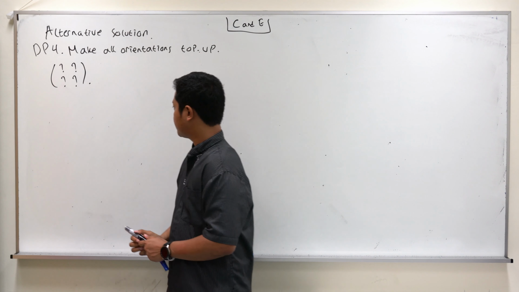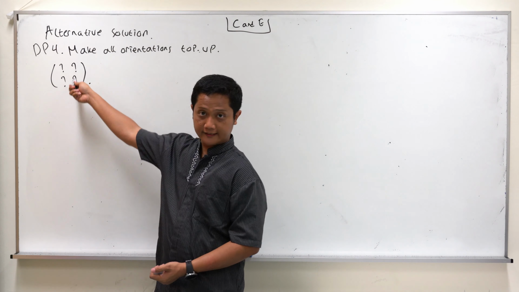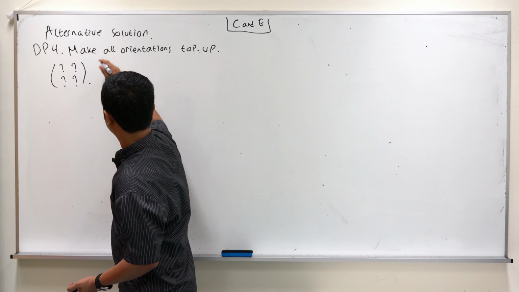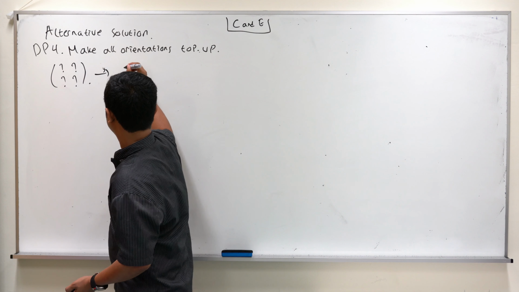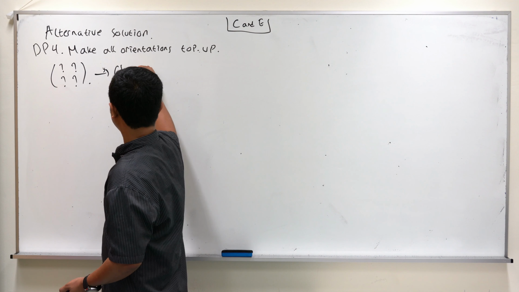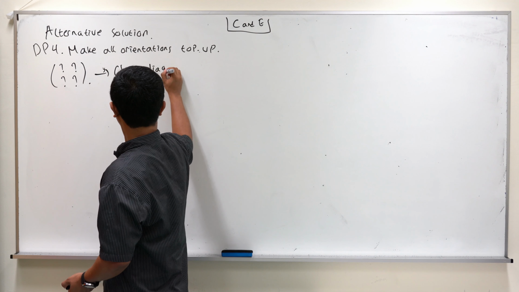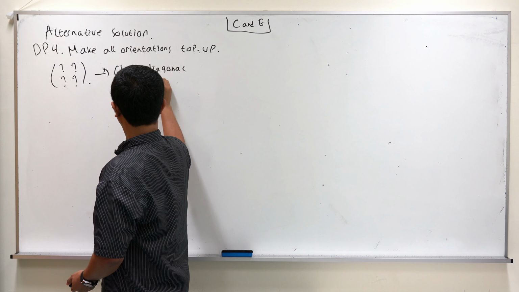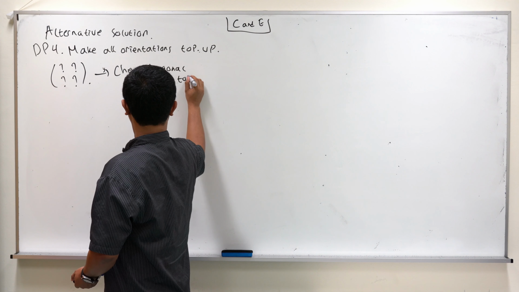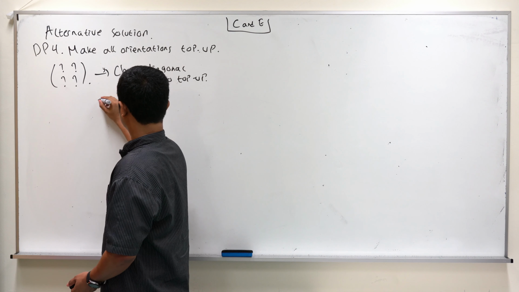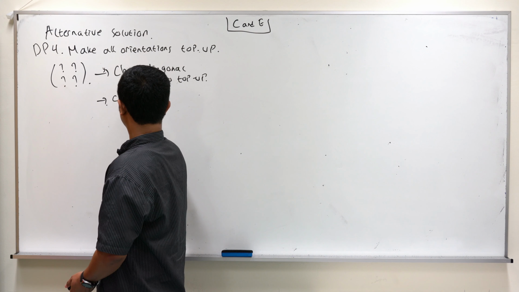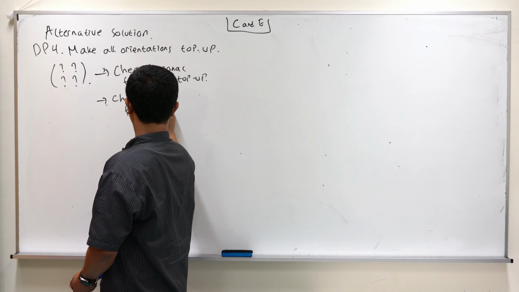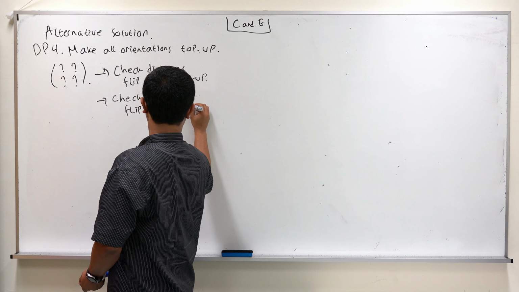We try to force it into all T. So yeah, easy step. So okay, first step, check diagonal, and then flip all to top up. Second step, check side and flip all to top up.